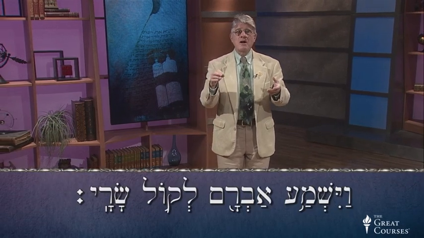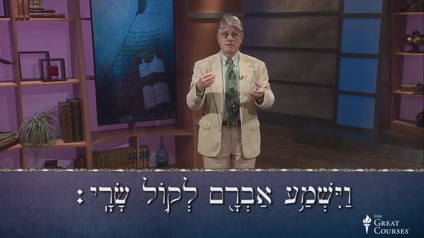Let's finish by looking at a couple more verses from the story of Abraham and Sarah, or Abram and Sarai as they originally were. Sarai decides that she is barren and tells Abram to sleep with her servant Hagar so she can have a child vicariously. What happens? Vayishma Avram lekol Sarai.